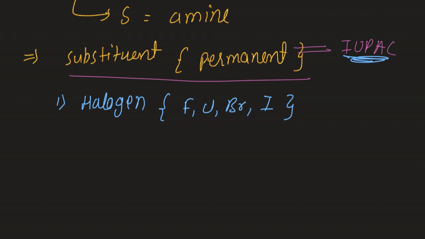They are also functional groups, but they are acting as a substituent in which topic? Under the IUPAC topic. Next, second one, nitro group. What is the meaning of nitro group? NO2 group. So when you see NO2, don't say that, ma'am, this is a functional group. No, better, this is always a substituent in case of IUPAC.